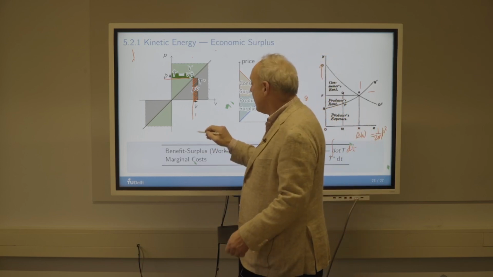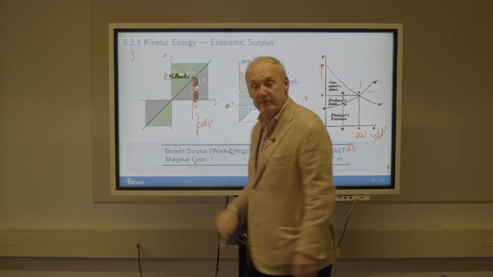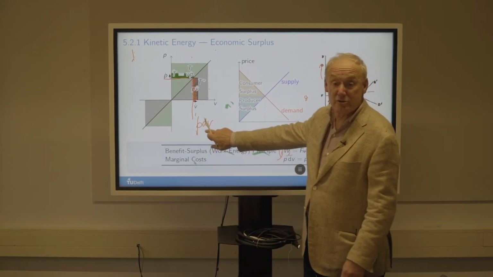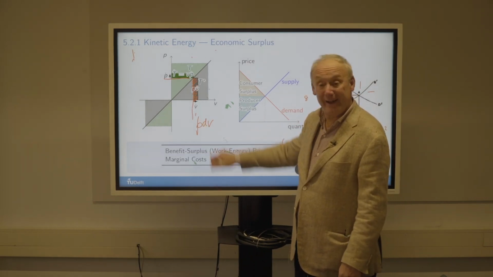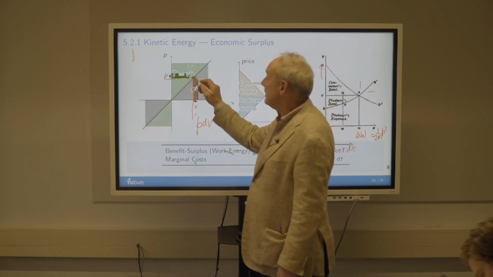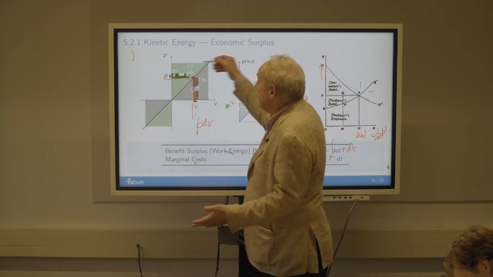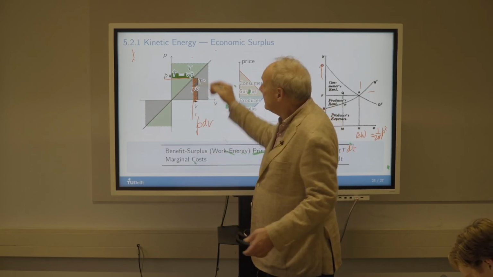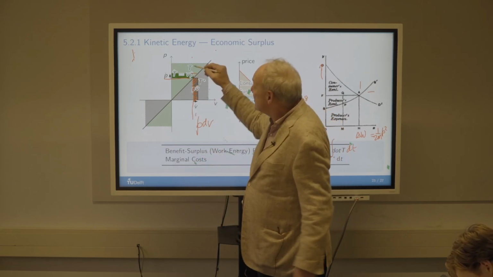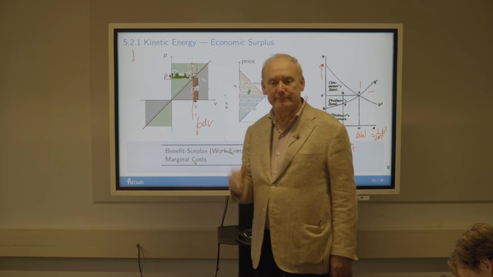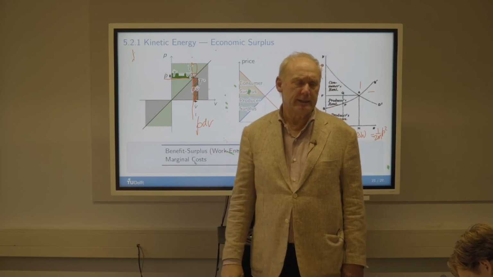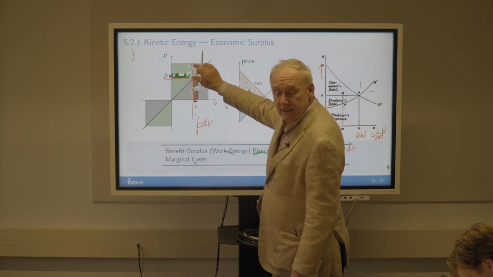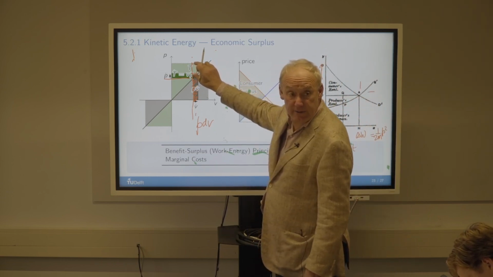So the total amount is P dV. That's my cost to me to let it go. Of course, I'm going to get that because my total revenue includes that. But I'm going to charge a little bit more. I'm going to charge all this more. So this is what I get in addition. That's my economic surplus.